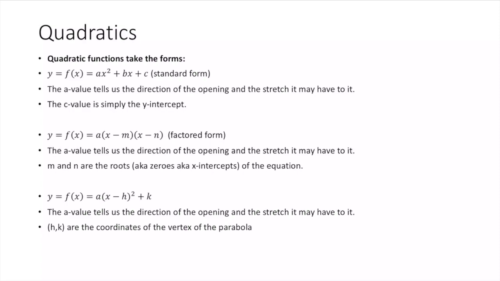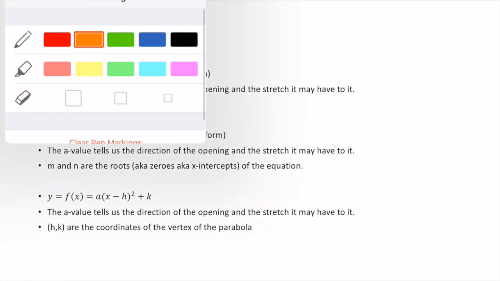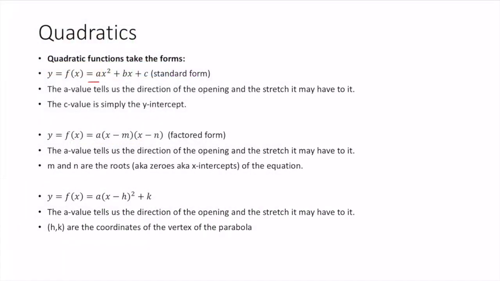Okay, so quadratics. Quadratics take 3 different forms. First we have standard form. The a value tells us the direction of the opening and the stretch it may have. So if a is positive, our quadratic opens up.